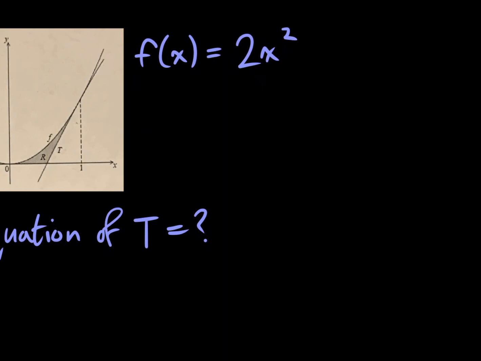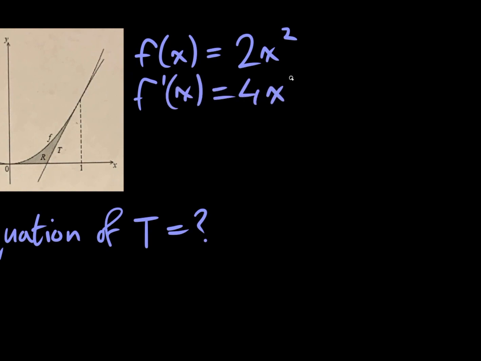So the second question here wants us to find the equation of t when given this function, 2x squared. So t is a tangent line at this point where x equals 1. So we're going to find the derivative of the initial function in order to find the slope of t here. So f prime of x should be simple to find with the power rule.